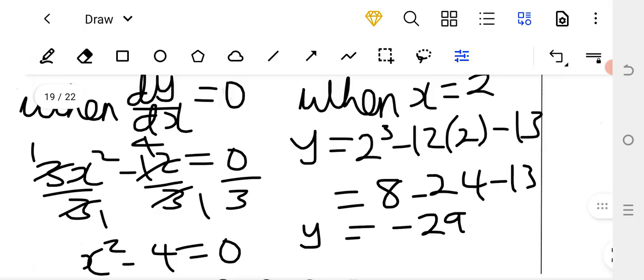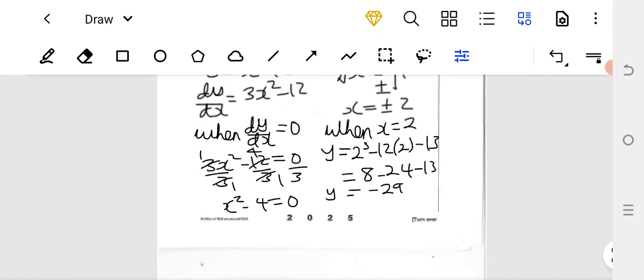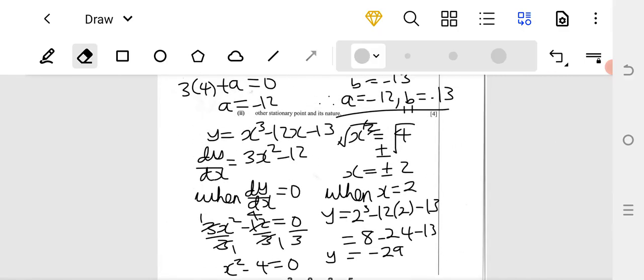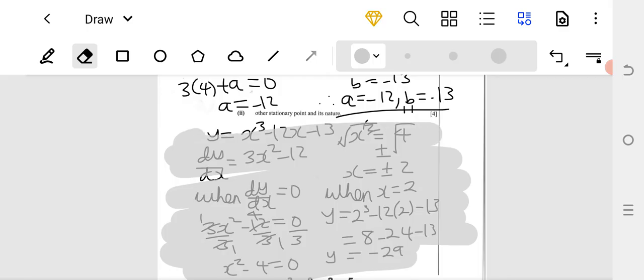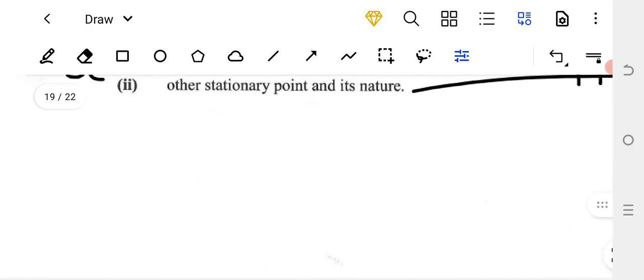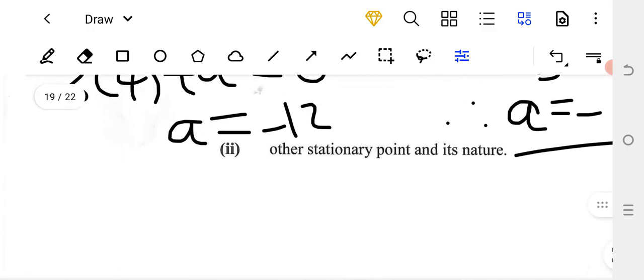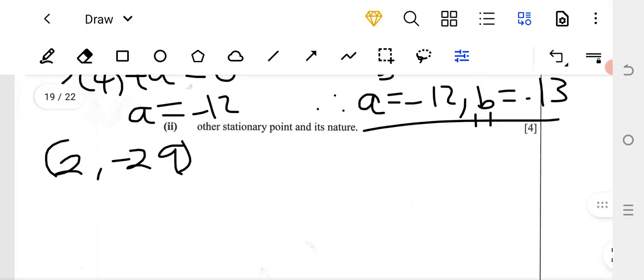So the other stationary point is 2, negative 29. And to find the nature of a stationary point, we use what we call the dy/dx test.